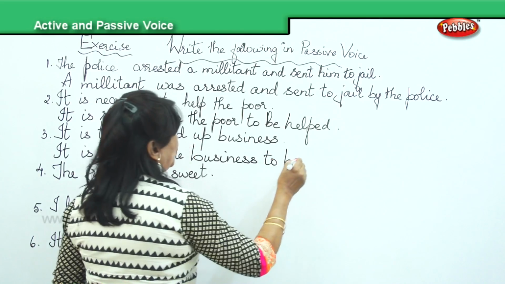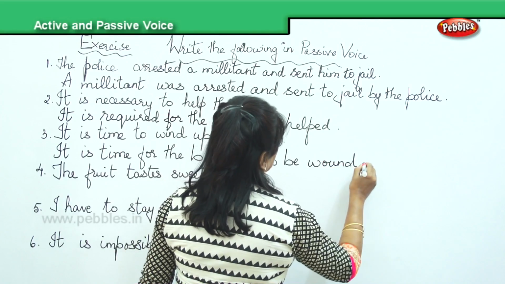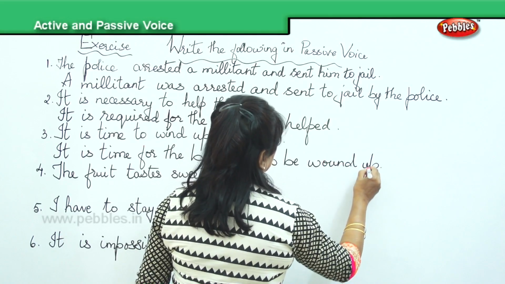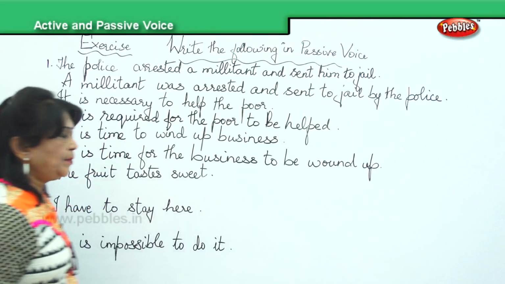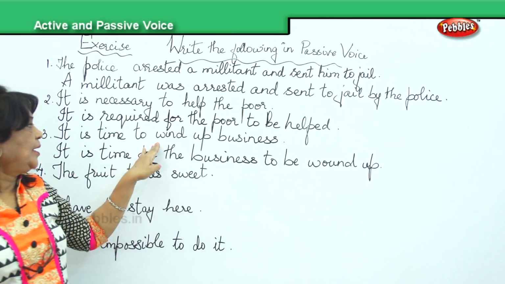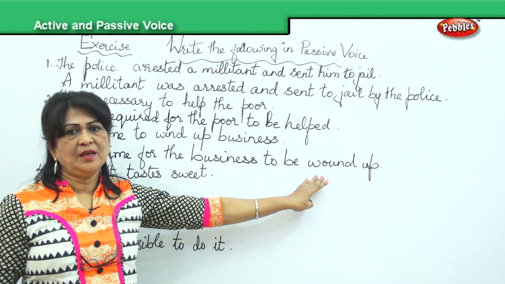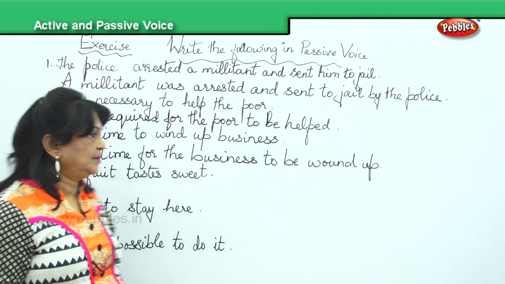To be wound up. Wind becomes wound. It is time for the business to be wound up. To wind up becomes to be wound up. Okay? We are using the participle.